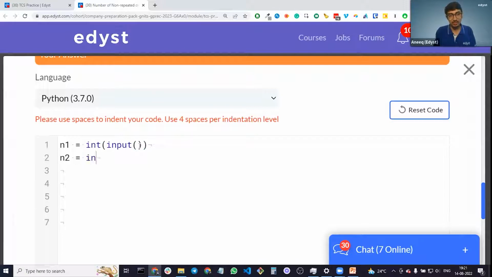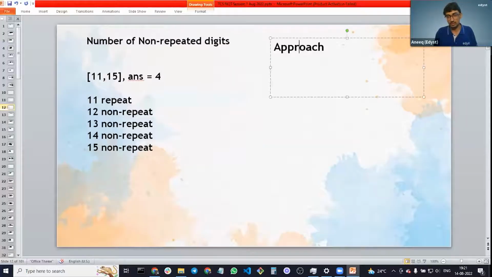So this is as simple as taking the input. That's it. What is the logic? What is the approach or logic over here, everyone? Somebody says: go from N1 to N2, check whether it is a repeated digit number and increment count. Okay. How will you check if it's a repeated digit number?